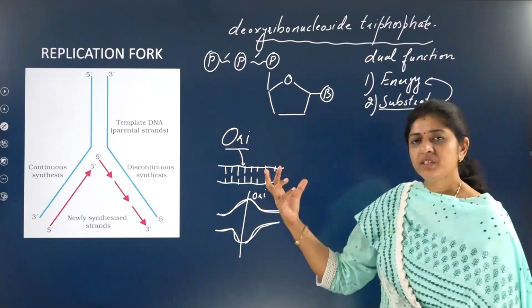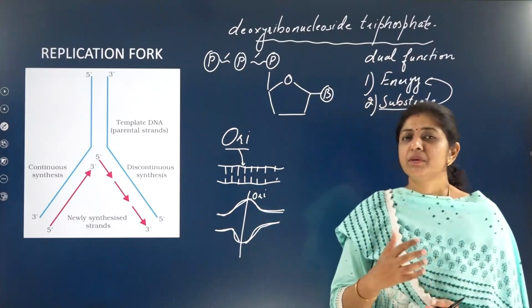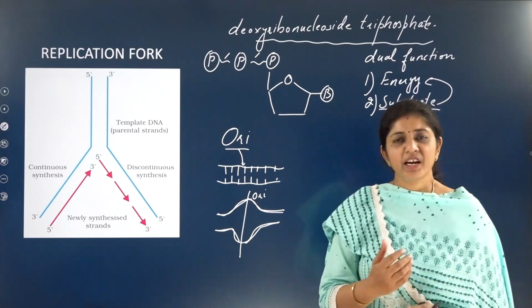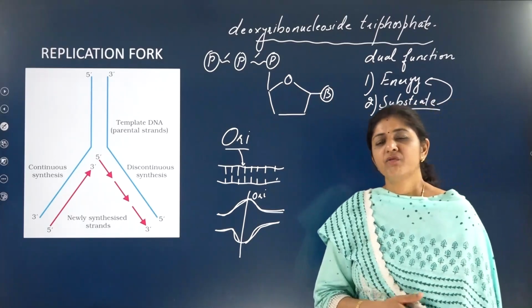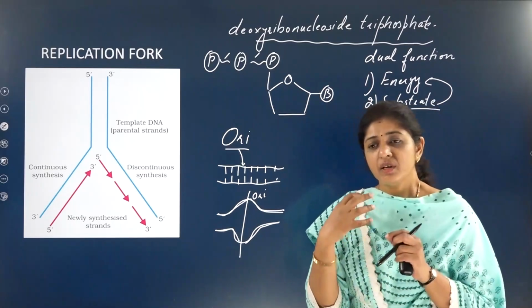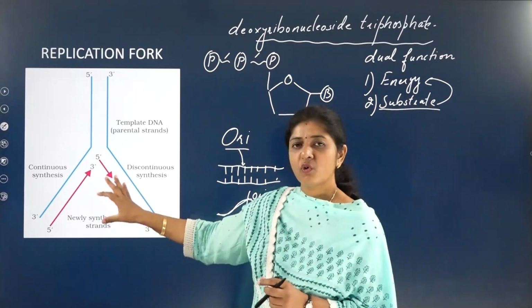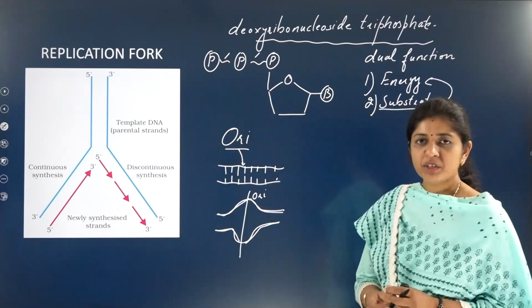And the ORI point in a prokaryote will be one, whereas in eukaryotes it can be many. It can touch thousands even, since the DNA is very big. End-to-end is not possible. So, specific points they are going to use. And full DNA end-to-end is a very high energy requiring thing. That's why the replication fork has to be formed. Right? Okay. Now, coming to the next point.